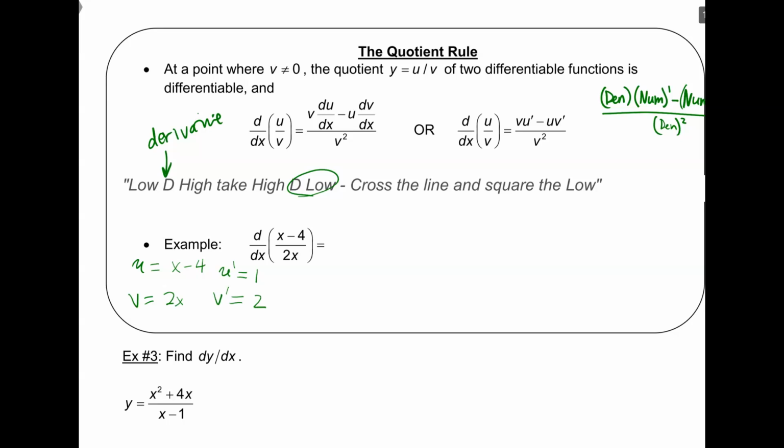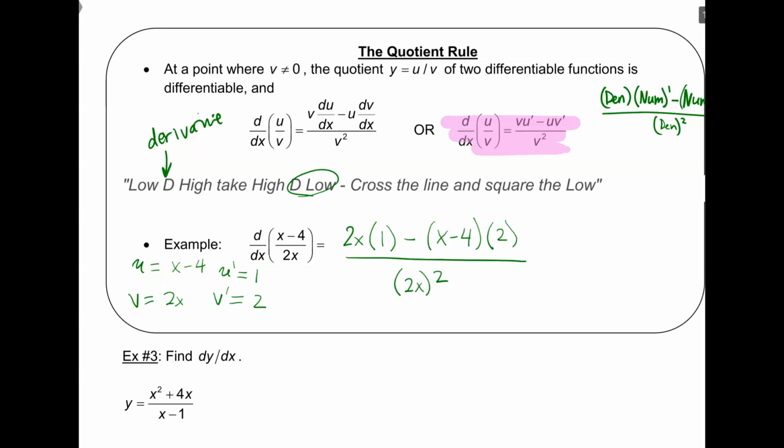Now we have everything, so we just plug in. v, which is 2x, times u prime, 1, minus u, which is x minus 4, multiplied by v prime, which is 2, all over v squared, which is 2x squared.